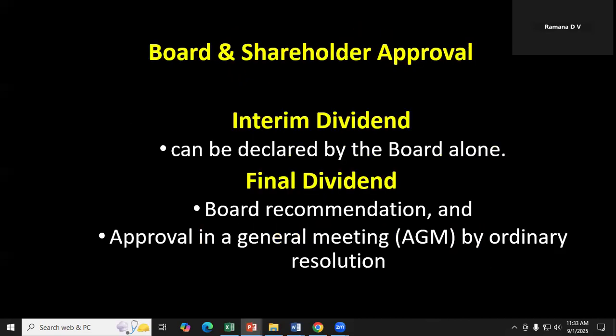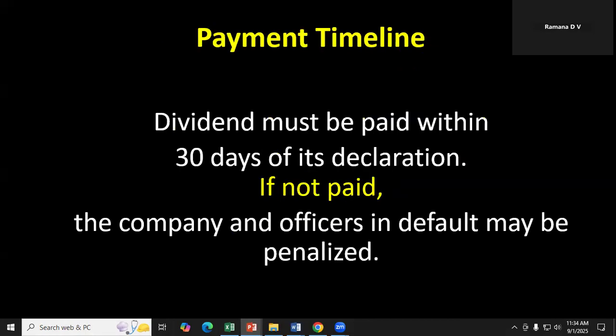And in most cases, the Act also says that there is a need for board or shareholders' approval. If it is an interim dividend, that means the dividend declared between the two AGMs, then the board can declare it. But for the final dividend, the approval of the AGM is required through an ordinary resolution. Those are the corporate law compliances.